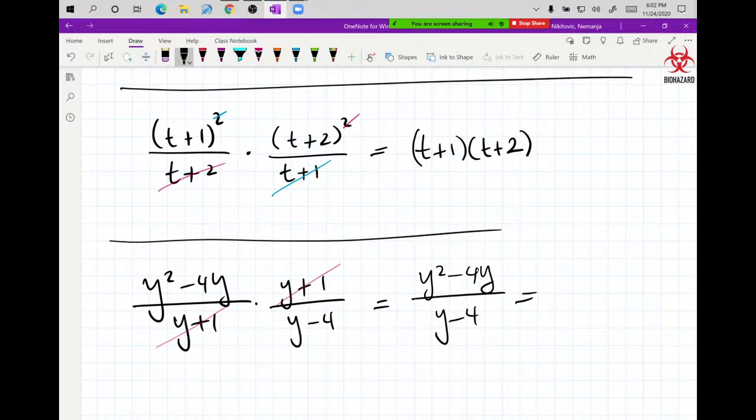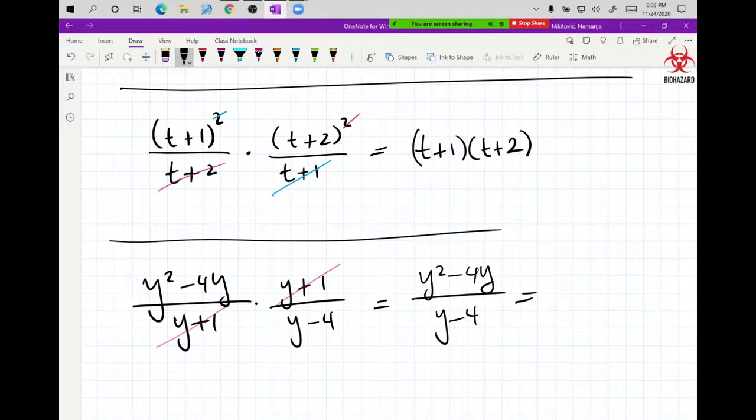So is it y minus y? Wait a minute. Tick off all of the methods that we have for this and then pick a method that is appropriate for the situation. Oh, could we do y minus 2, y plus 2?